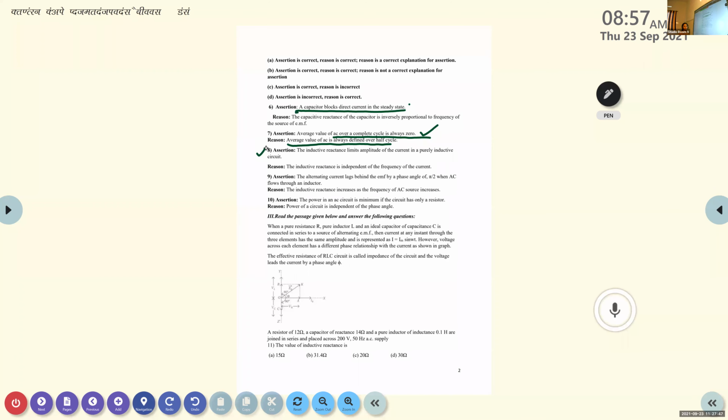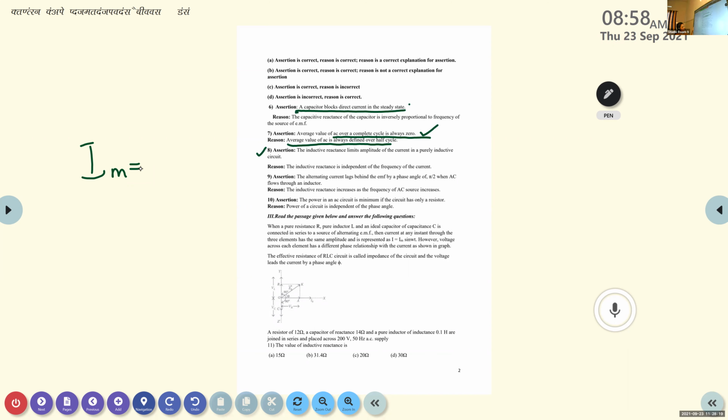What about the amplitude of current or maximum value of current for AC voltage applied to an inductor? I is equal to Im sin omega t.